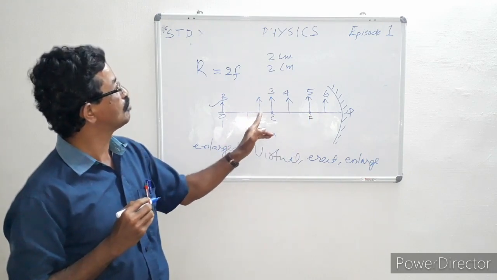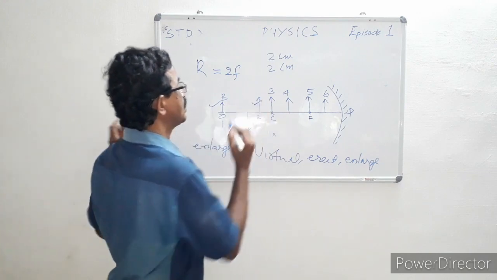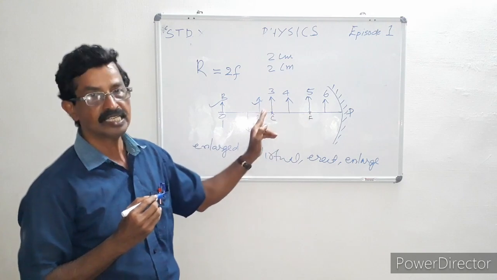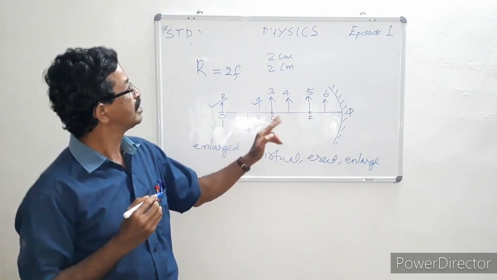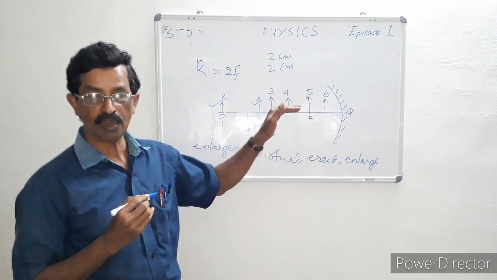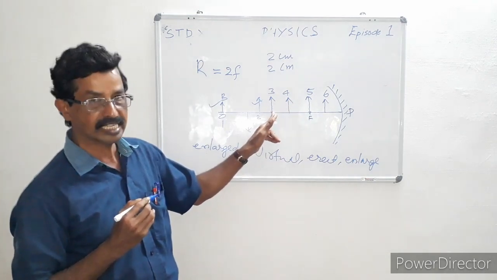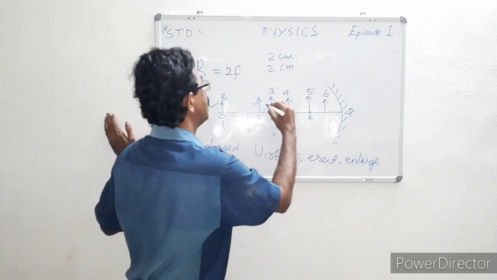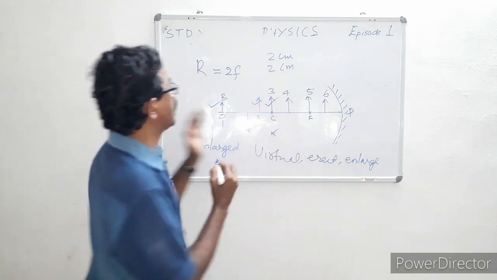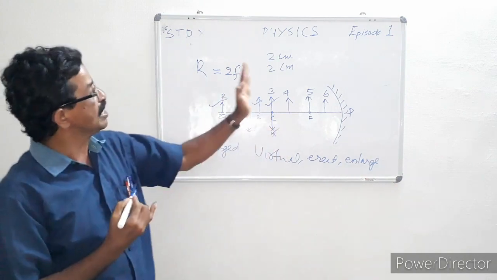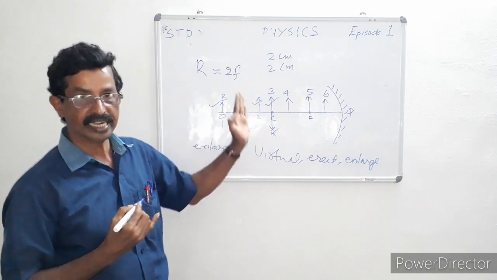When we place the object just behind C, the image comes in between F and C. And its nature is small, real, inverted. Now we place the object at C. The image is also at C. Image inverted, same size, real.